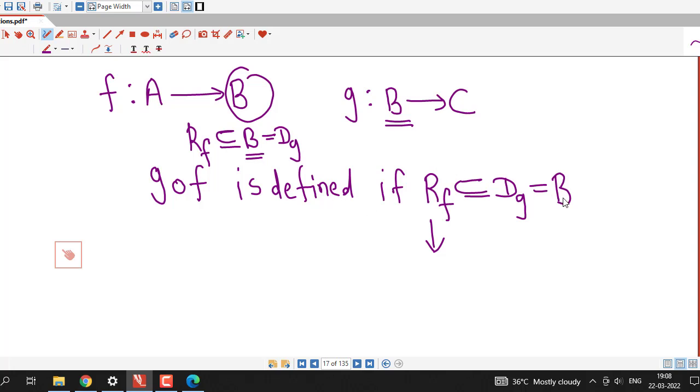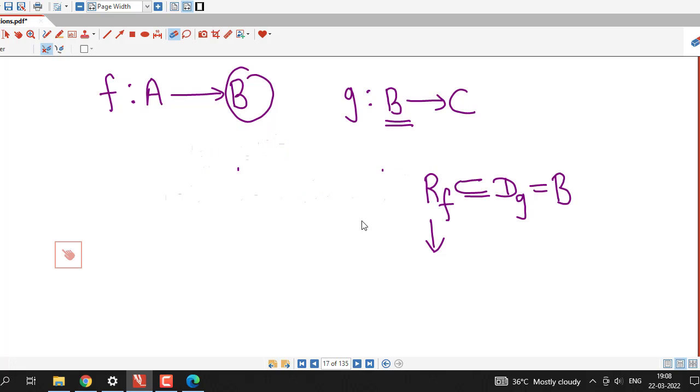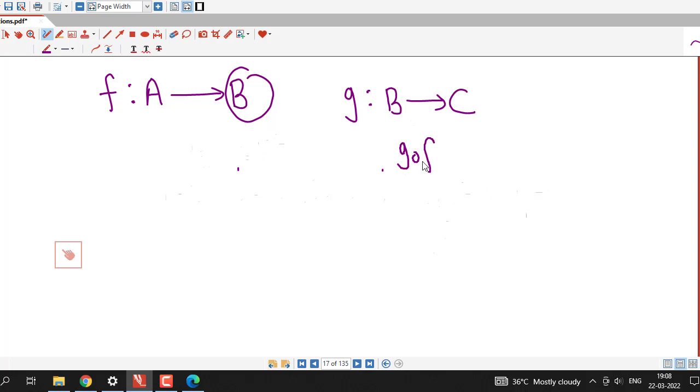So this condition is satisfied. Therefore g∘f is defined if we consider f from A to B and g from B to C. Now domain of g∘f will be domain of f, and codomain of g∘f will be codomain of g, which is C. So we have this type of situation.